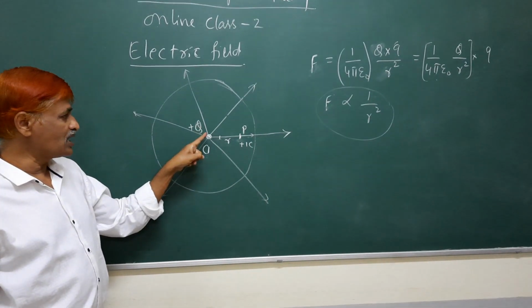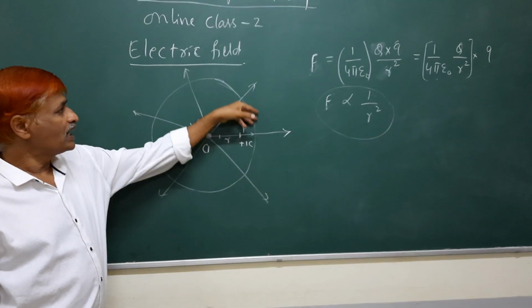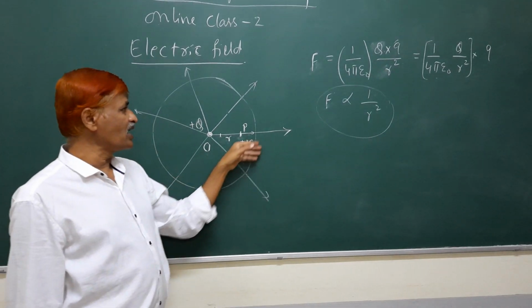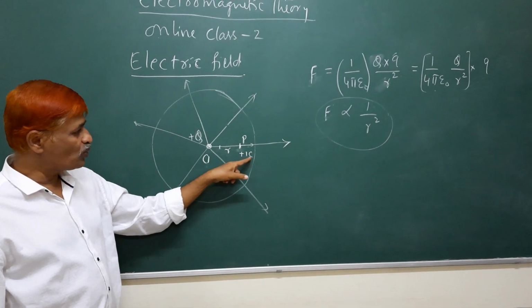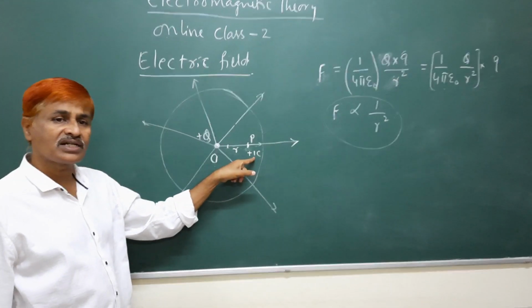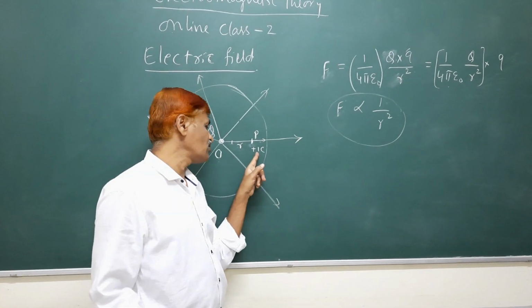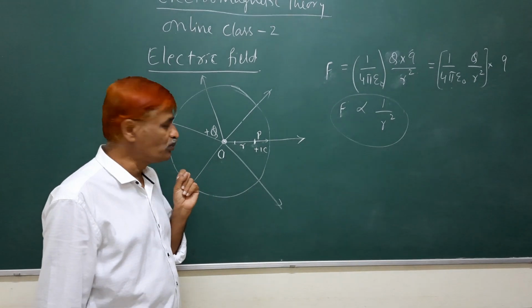Plus Q charge is at point O. It develops an electric field around it. Now, if you bring a plus 1 Coulomb charge, this is called a test charge. A test charge is always taken as plus 1 Coulomb.